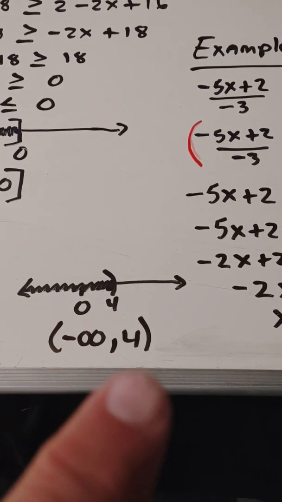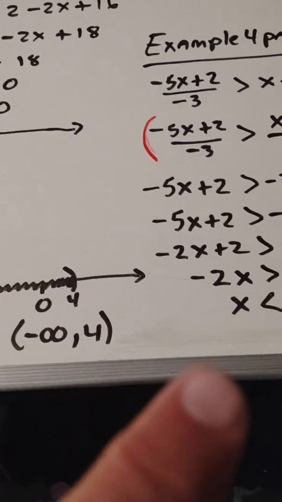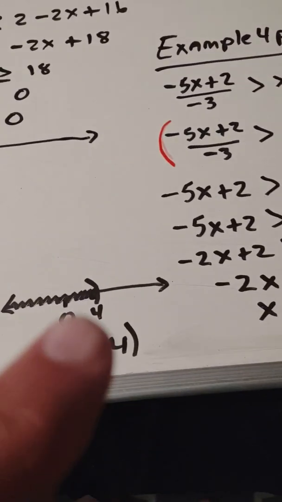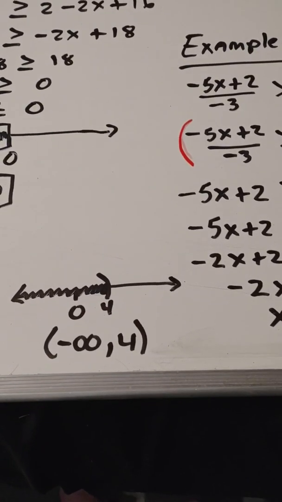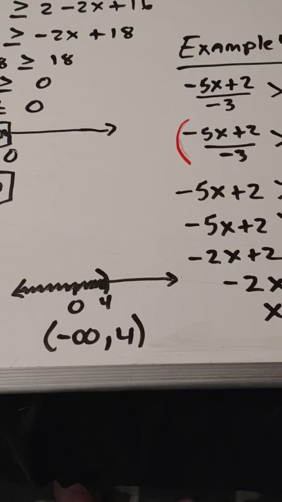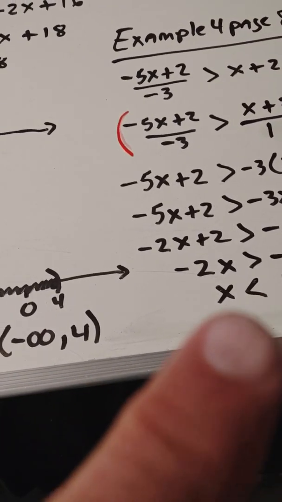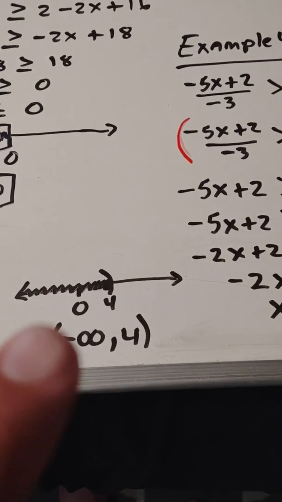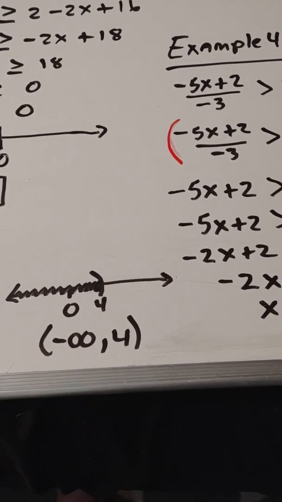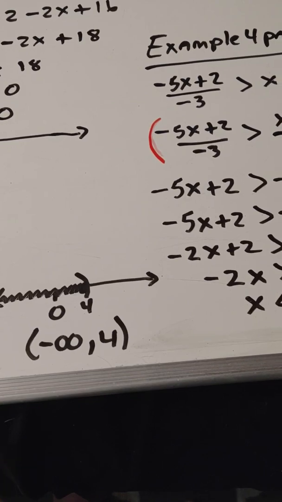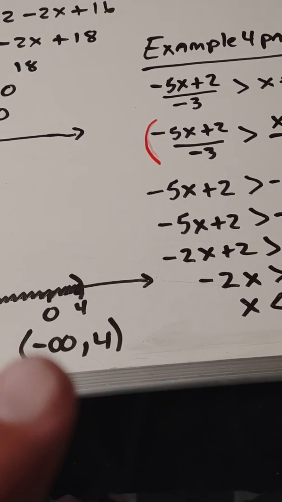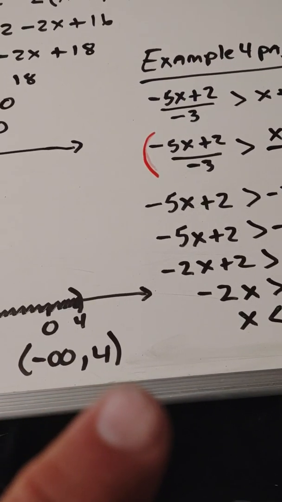I'm stopping at parentheses 4. So x is less than 4 means I'm starting at 4 and going to the left forever. So that's the reason it's pointing that way. So that's the reason I'm shading. And if I read it from left to right, I'm coming from negative infinity here and going to 4 parentheses.